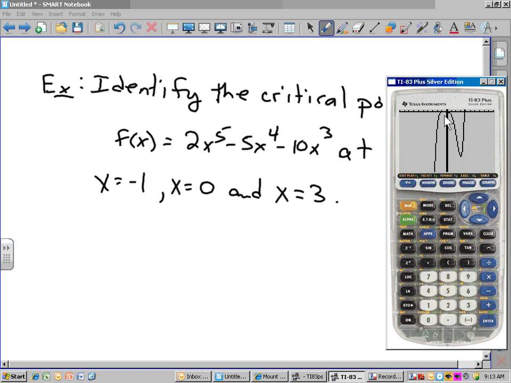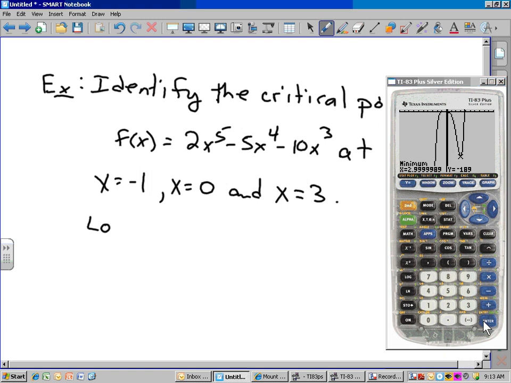So let's go ahead and calculate that minimum. Okay, so we want, there's the x, put it to the left, hit enter, put it to the right, hit enter, and hit enter on the guess. So we have a local min at 3, negative 189.